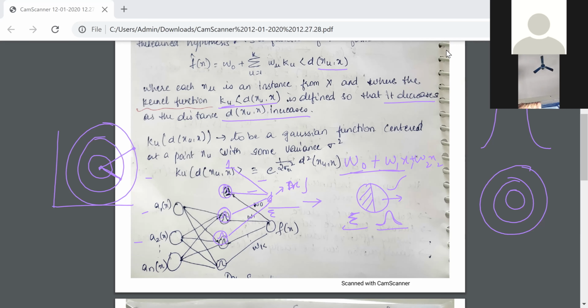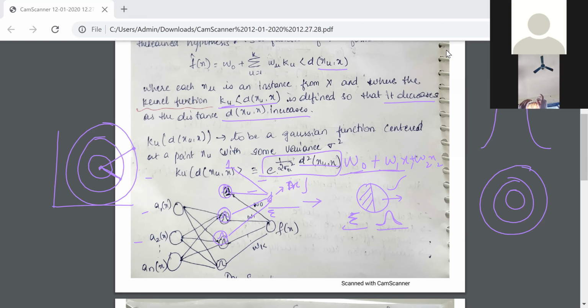So this is about your kernel functions, and normally we know how to represent the bell curve as 1 divided by 1 plus e to the power of 1 by 2 sigma square into d squared. This is basically the mean minus the variance difference. d squared is basically the variance.